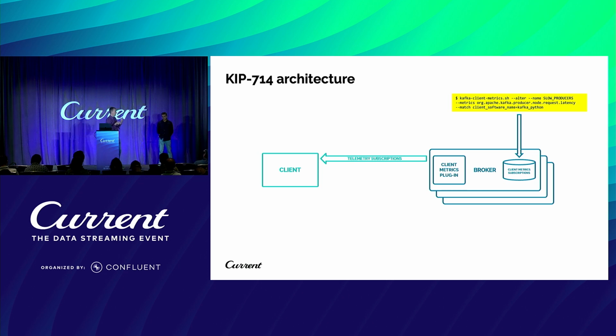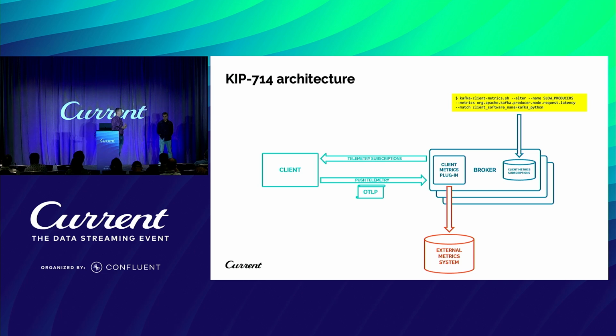So the client says to the broker, do you want any of my metrics? And it gets back a list of the metrics which are required, which may be empty, in which case nothing gets sent. Okay, and then when it's got the list of subscriptions, it will periodically push the telemetry using this OTLP format from the client to the broker. So we've now got the data flowing from the client to the broker. Now we have to do something with it.